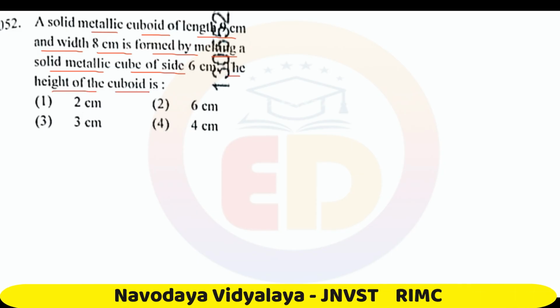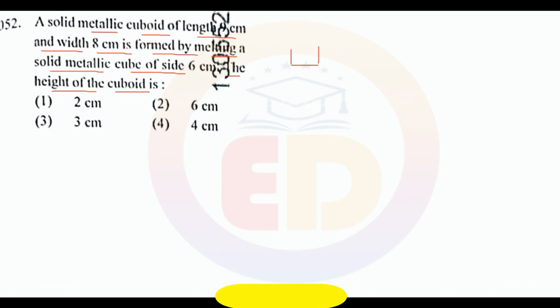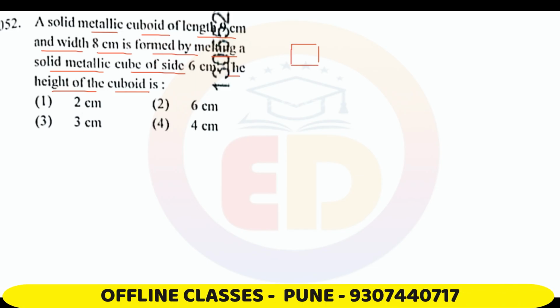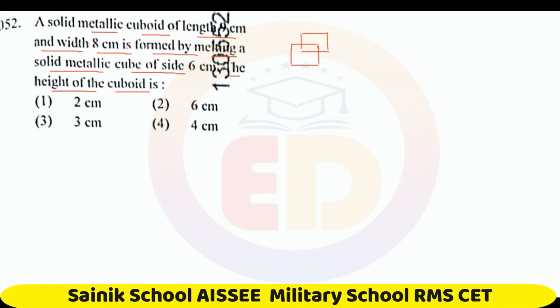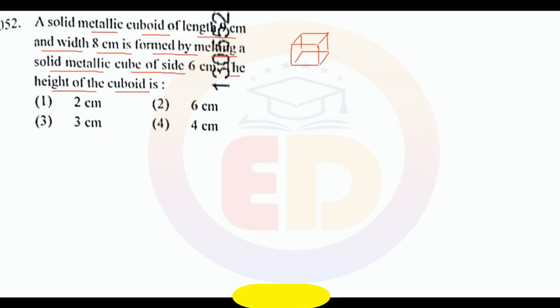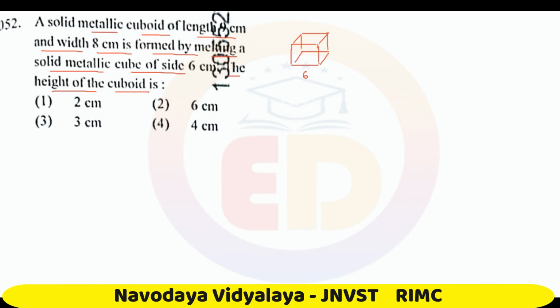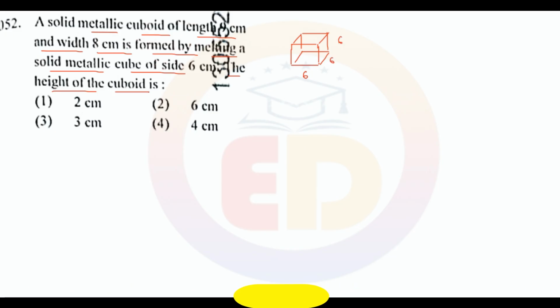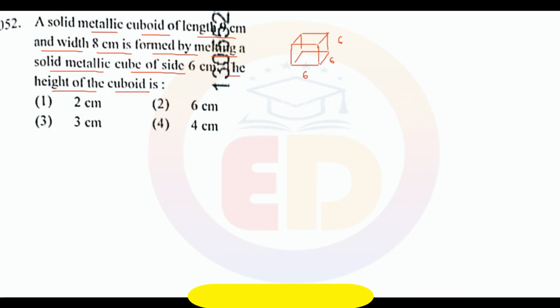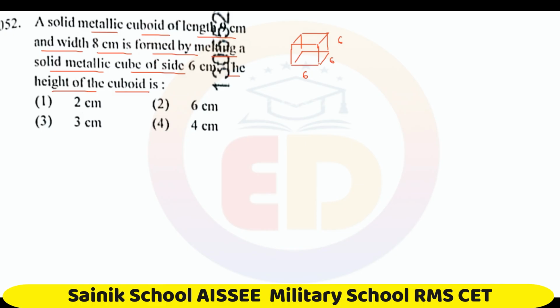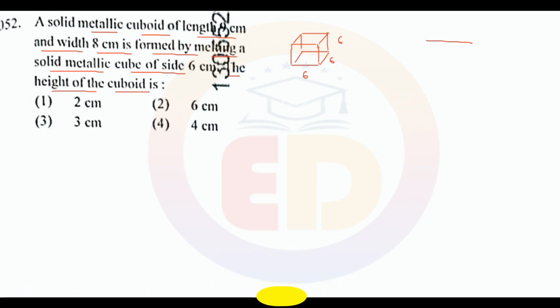The question says that we have a metallic cube with side 6 centimeter. So we know that in a cube all the sides are the same. So this is 6 centimeter, 6 centimeter and 6 centimeter. And they say that we are melting this metallic cube of side 6 centimeter and forming a cuboid from that.